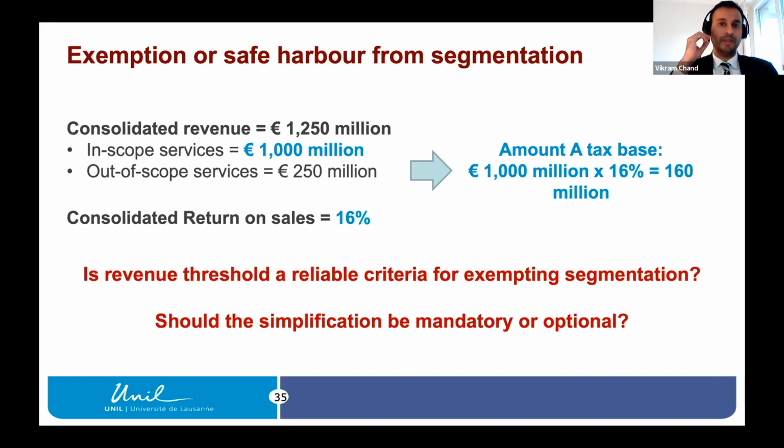But if we do segmentation in this example, then we would come up with a profit margin percentage of around 20%. So the Amount A tax base would have been 200 million if we did segmentation in this case. So by applying the safe harbor, we are somehow allocating less profits to the market countries in this example. We did it on purpose. Yes. So you're allocating less profits to the market countries.